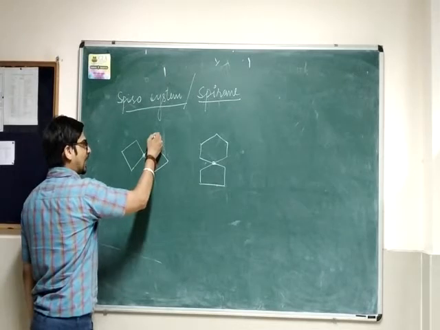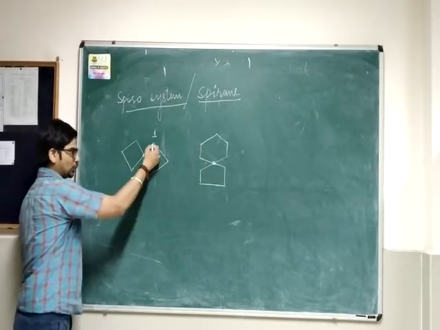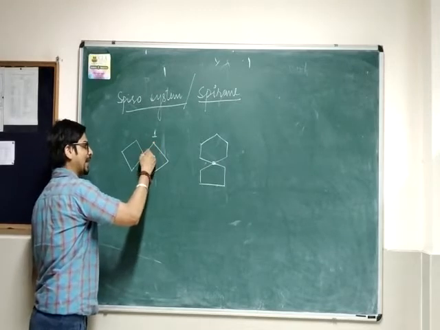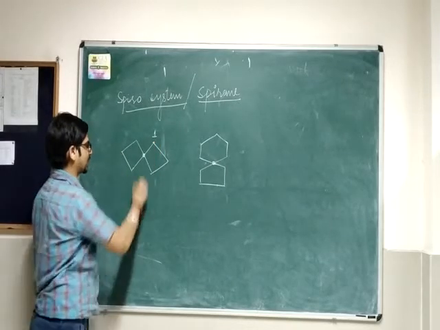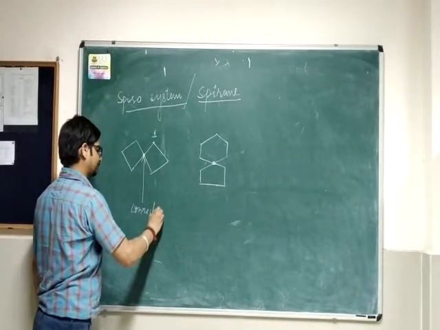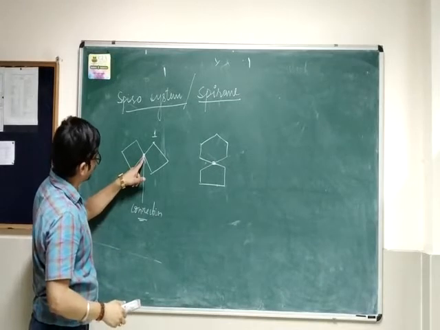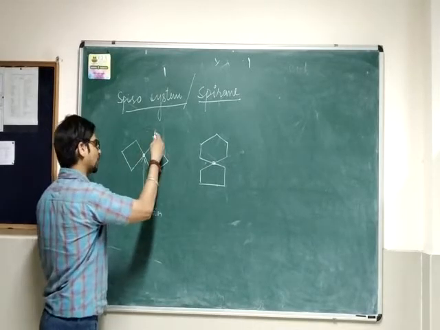Now you will start numbering from either of the positions next adjacent to this connection. You can call it the connecting position. So you will start the numbering next to the connecting position.